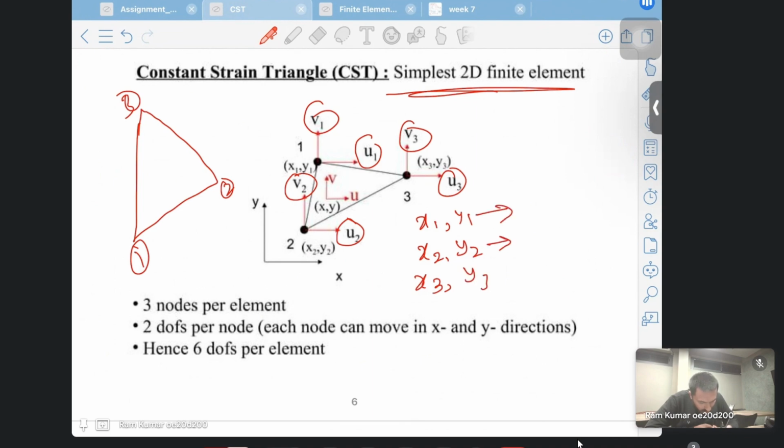These are the nodal coordinates. And u1, v1, u2, v2, u3, v3 are the nodal displacements.